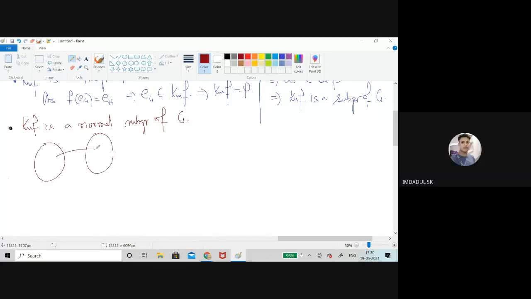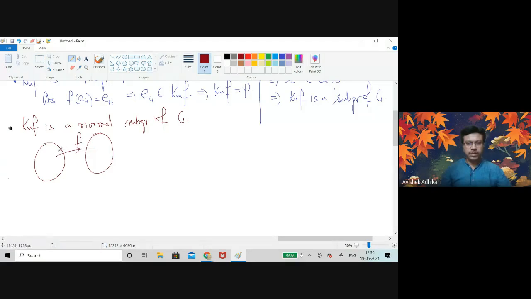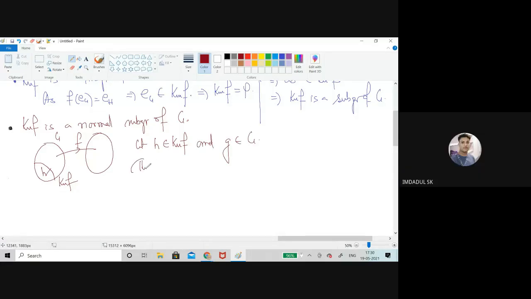If you take an element from the kernel of f, h, okay, so what do you need to prove? So this is my kernel. Take any element h. Let h belong to the kernel of f and g belong to G. Then g h g inverse, very good.